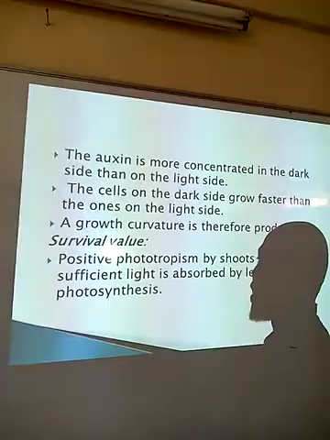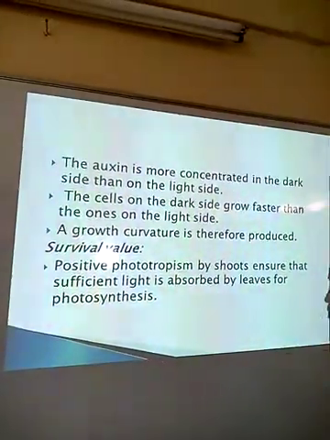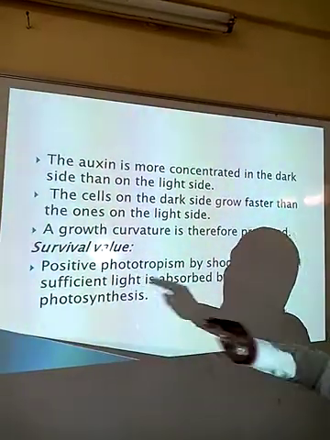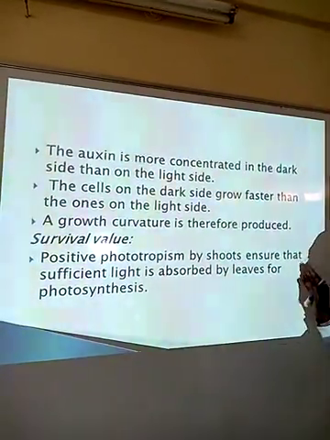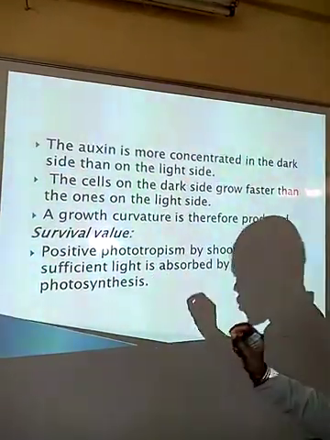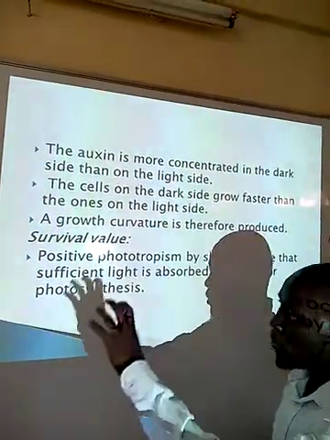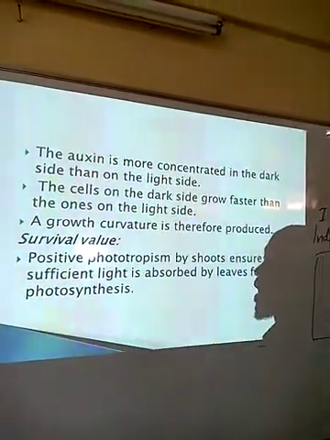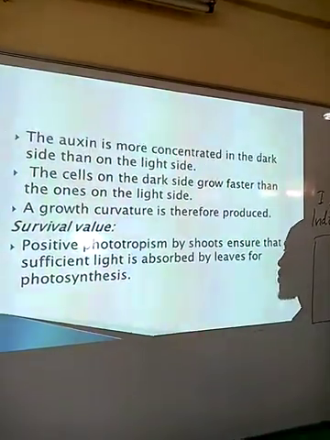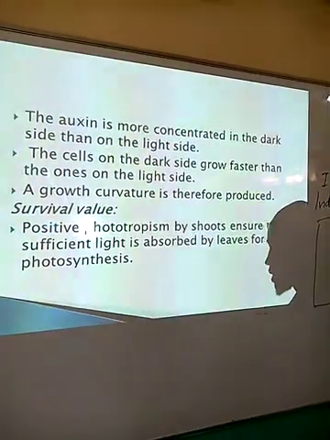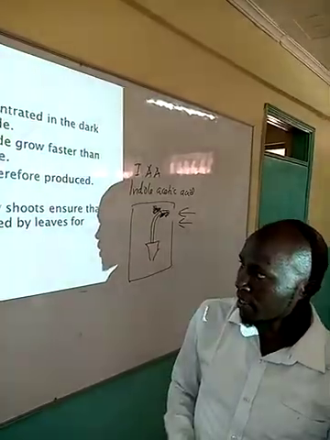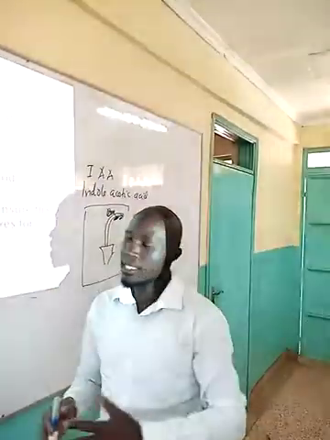Positive phototropism by shoots ensures that sufficient sunlight is absorbed by plants for photosynthesis. So when plants grow towards the light, they get maximum sunlight, which is suitable for the process of photosynthesis. Next time we shall look at other tropic responses that are shown by this stimulus.